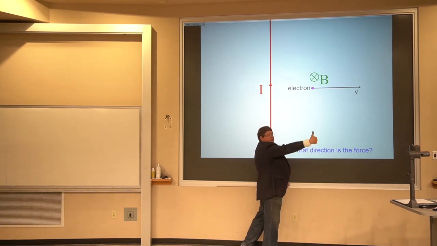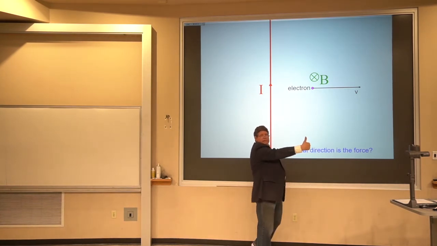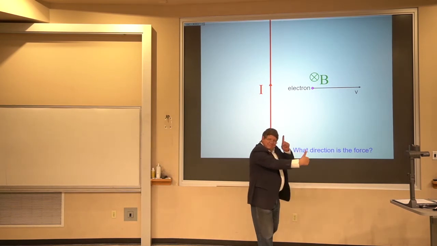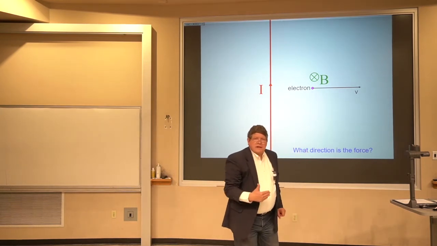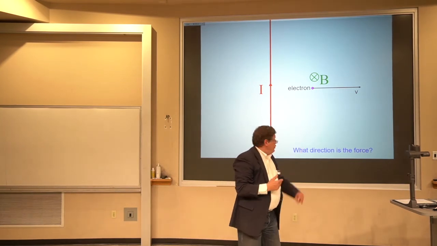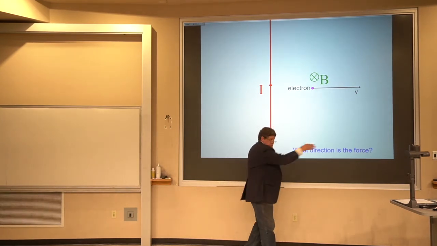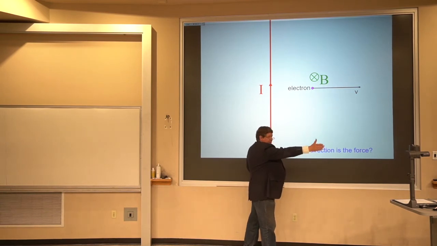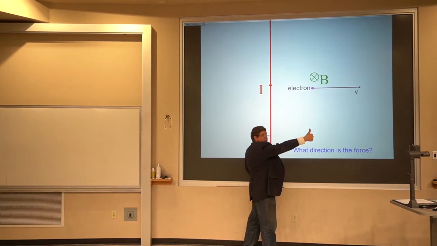That forces your thumb in the direction of the magnetic force. But it's a magnetic force on a positive charge. If a positive charge were moving to your right in this magnetic field, then the magnetic force would be up.